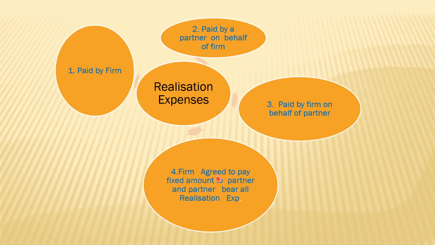That amount will be considered. A lower or higher amount can be paid by the partner, but we will ignore that. The entry will be the same as number 2, realization account debit to partner's capital, agreed amount only. This relates to realization expenses, which can create some problems during examinations.